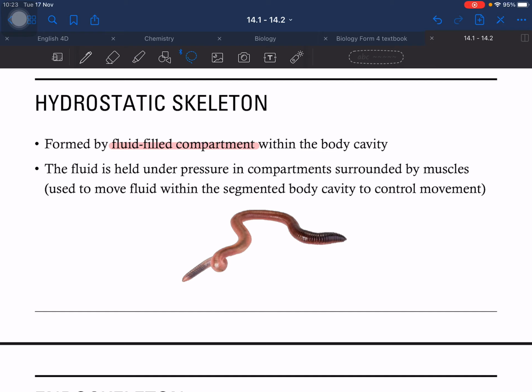So your worm. If you actually see a worm properly, this is the head, and they have the ring part of it as well. And then you have the body, and you have the end. So that's what segmented means. They have different segments of the body.